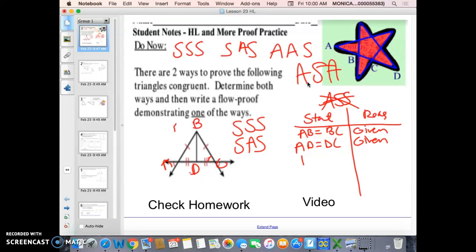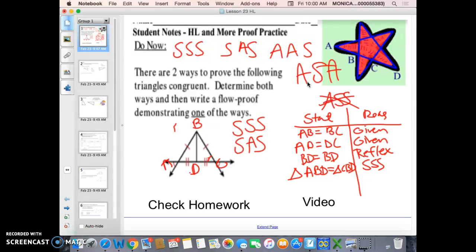And then I could say that BD equals BD, and that would be reflexive. And then I could say that these 2 triangles, ABD is congruent to CBD, and that would be by side, side, side. So that would be an example of a proof to prove that these 2 are congruent.